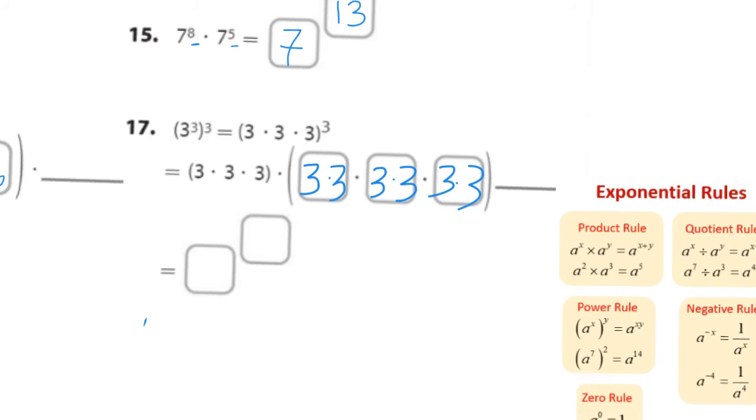And so what I'm going to do here is put in 3 to the 9th power. And of course, you could have gotten that by 3 times 3 gives you 9. Keep your base of 3, and then there's your 9 exponent. So there are a lot easier ways to do this than write everything out.